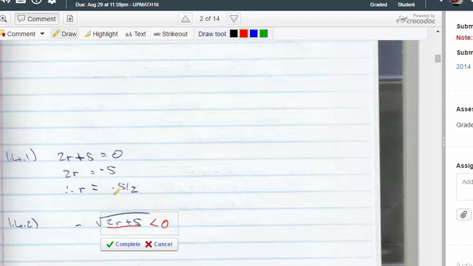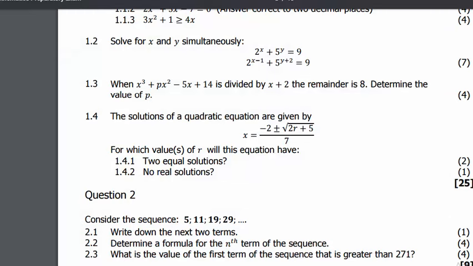If it's equal to 0 when it's that, then it's smaller than 0 when r is smaller than negative 5 over 2. And that's how simple that is. That's why it's just 1 mark, because you've already got the critical point where they have equal solutions. And now no real solutions is when it's less than that.